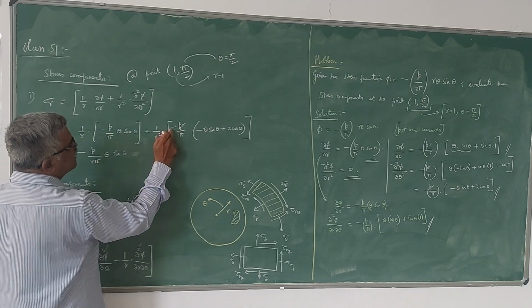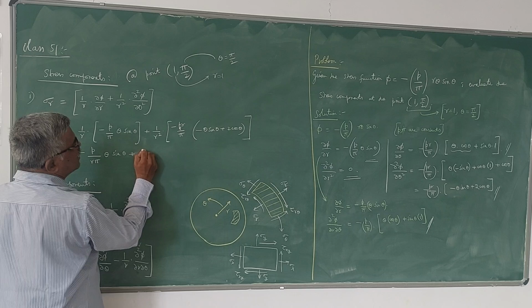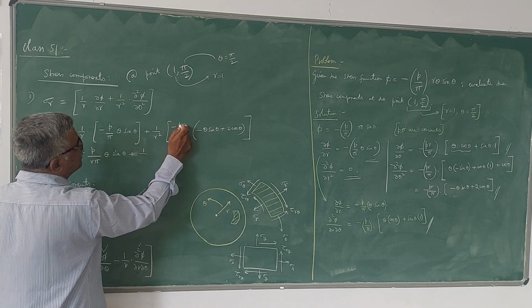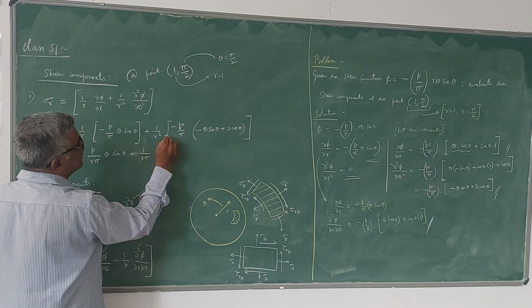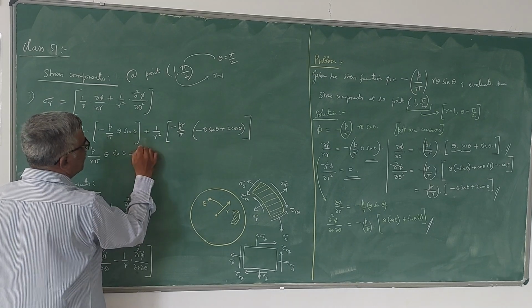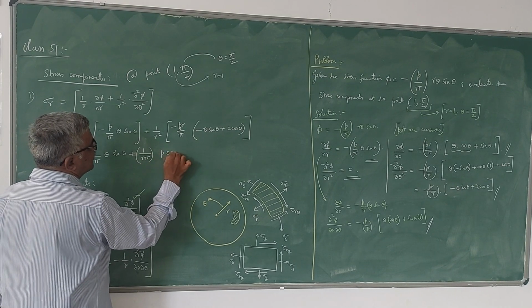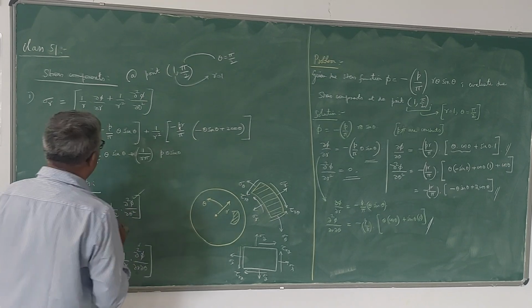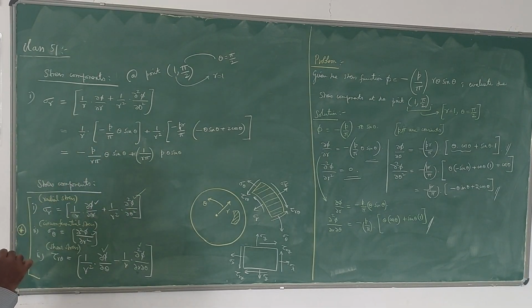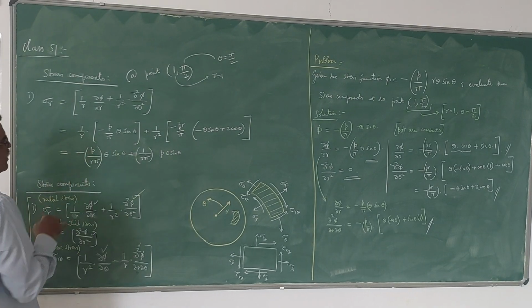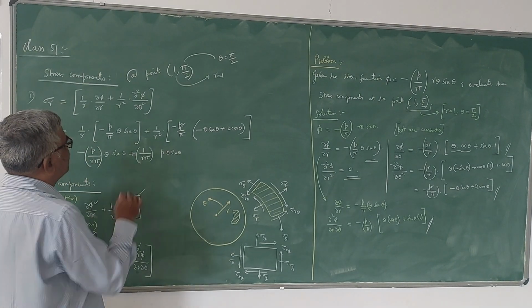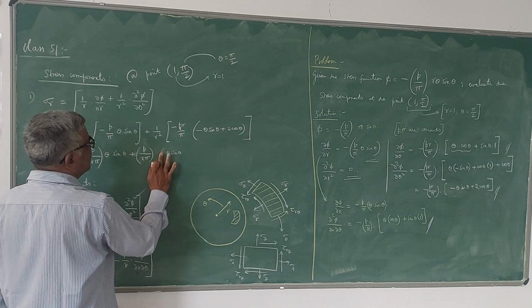That means minus into minus becomes plus, 1 by r square into PR, one r will vanish. R pi will be there, here P will be there, theta sin theta. This is what you have to do. So plus 1 by r pi P theta sin theta. Correct? P will be there here, theta sin theta will be there.